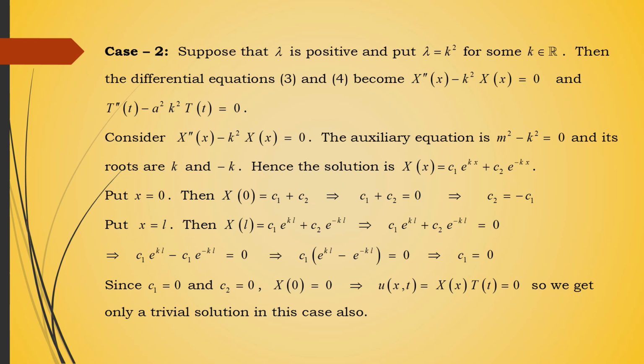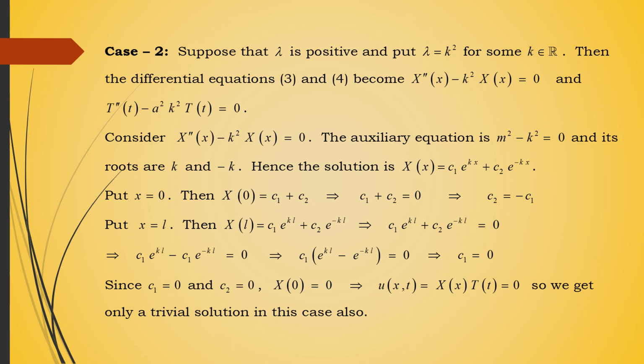So the solution of this differential equation T double dash of t minus a square k square T of t equals 0 is T of t equals c3 e power akt plus c4 e power minus akt, where c3 and c4 are any two arbitrary constants.